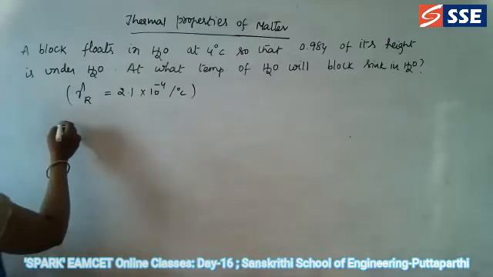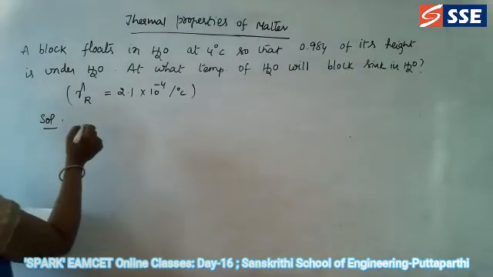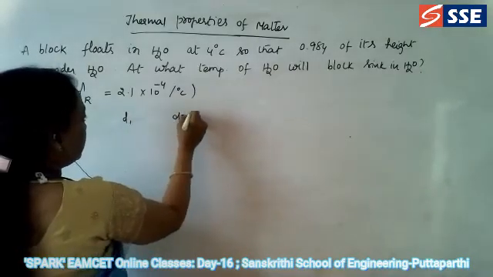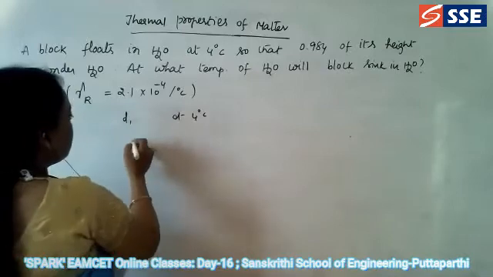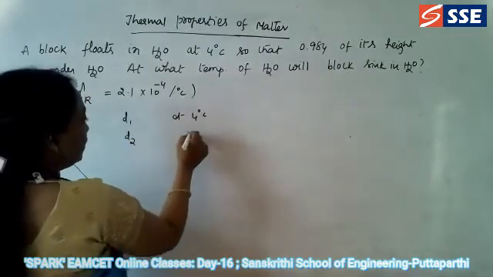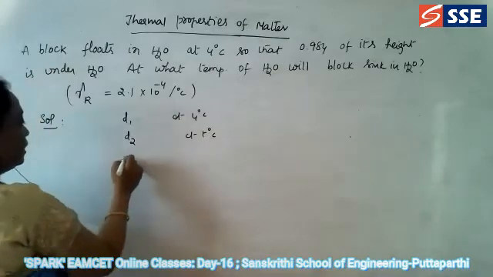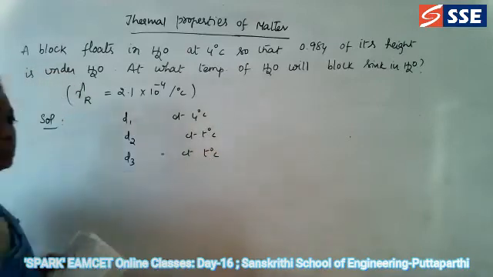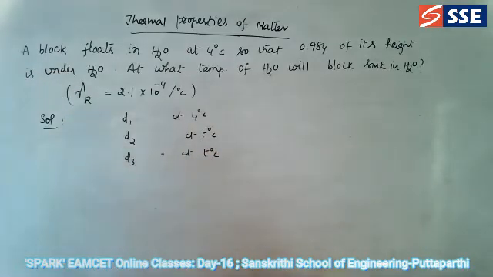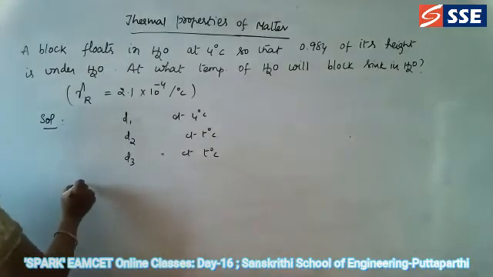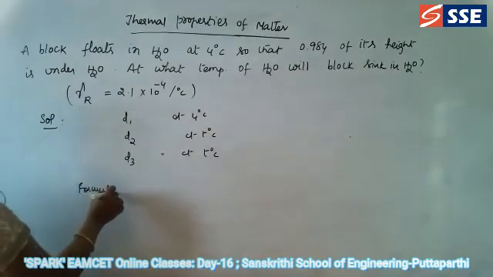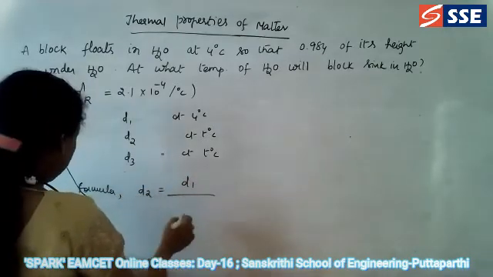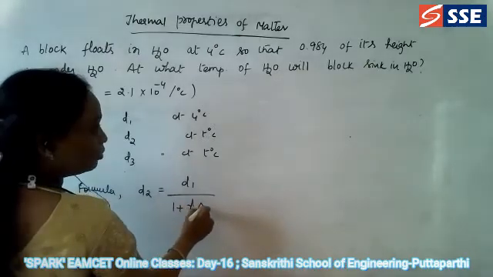Under the solution, D1 is the density of water at 4 degrees Celsius, D2 is the density of water at T degrees Celsius, and D3 is the density at T degrees Celsius. Here we have to consider 3 cases. The suitable formula is D2 equal to D1 by (1 plus gamma into delta T).